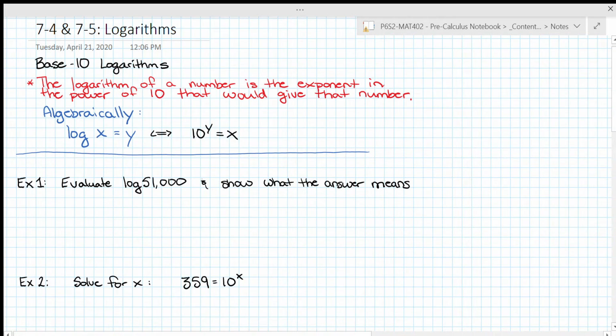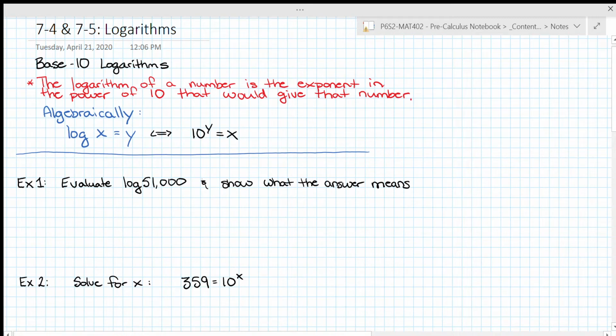So you can see logs are almost the inverses of exponential functions. Here, my input is a number, and what comes out is this exponent. For an exponential function, my input is the exponent, and what comes out is this number. So we'll use that a lot.